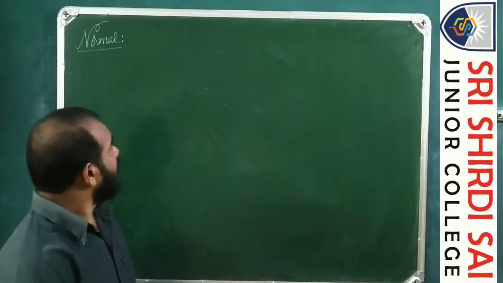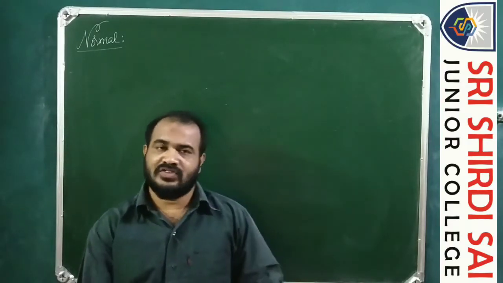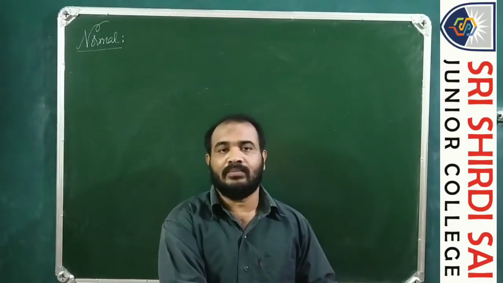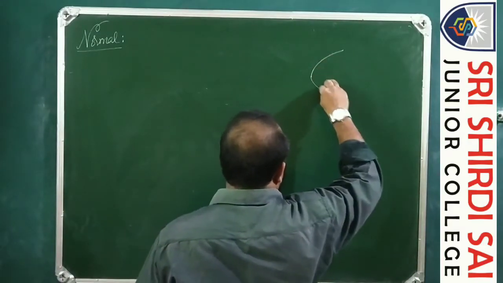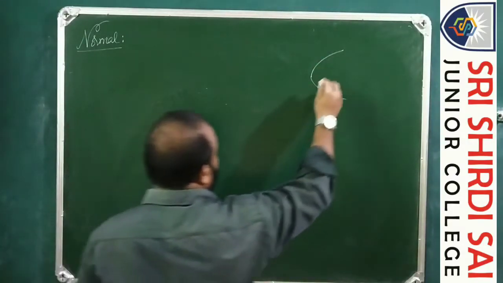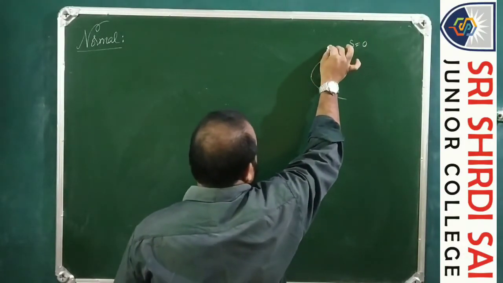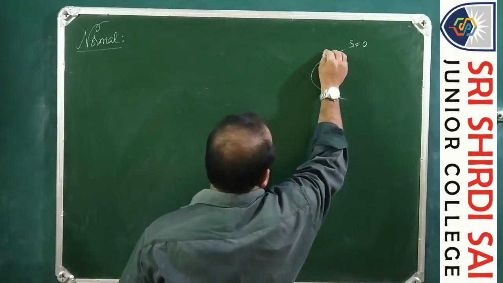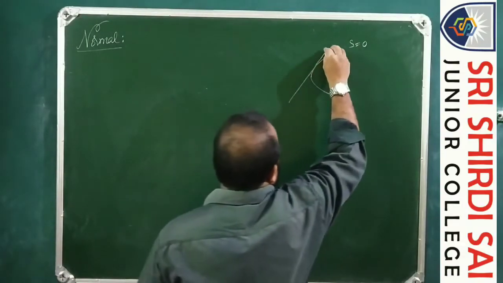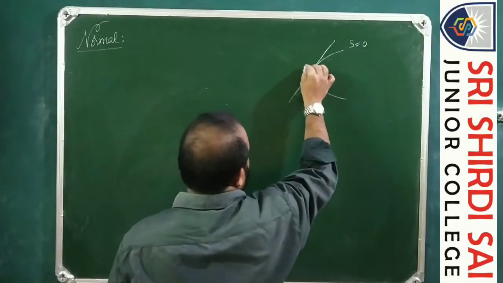Now the normal. What is meant by normal, which we have studied before also in the chapter on the circle. For example, let S equals 0 be the parabola, and this is the tangent, and P is the point.